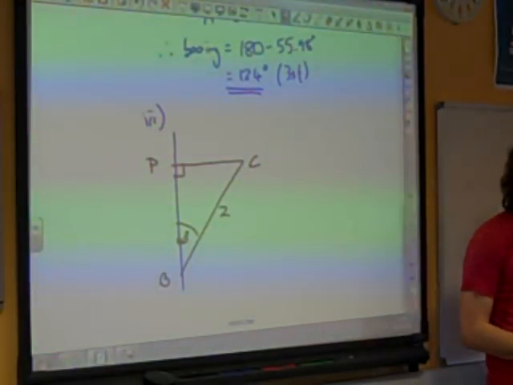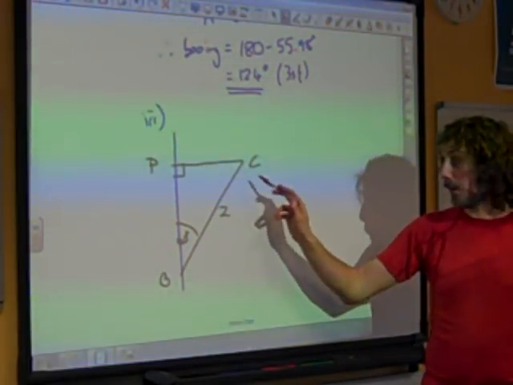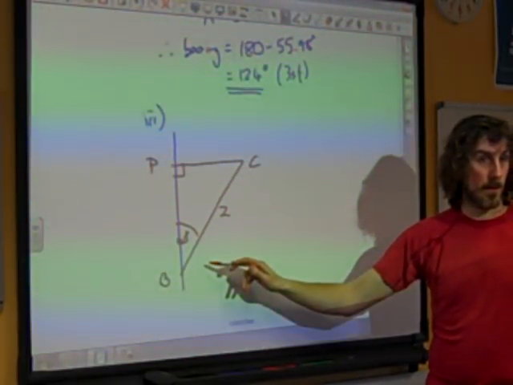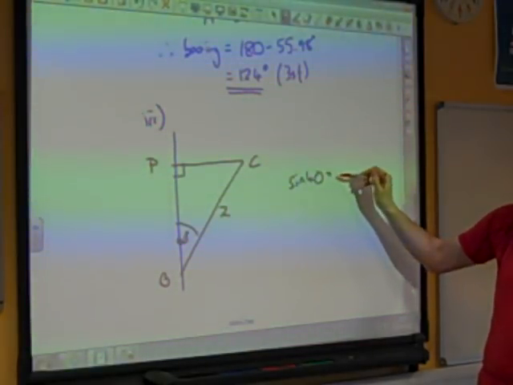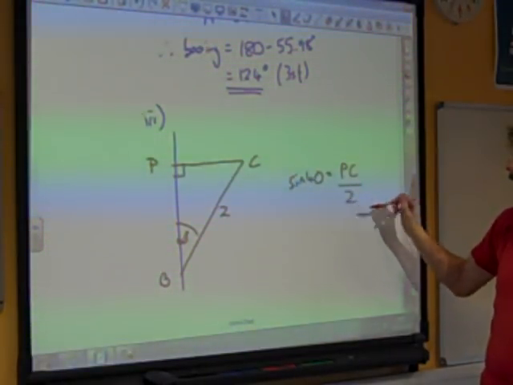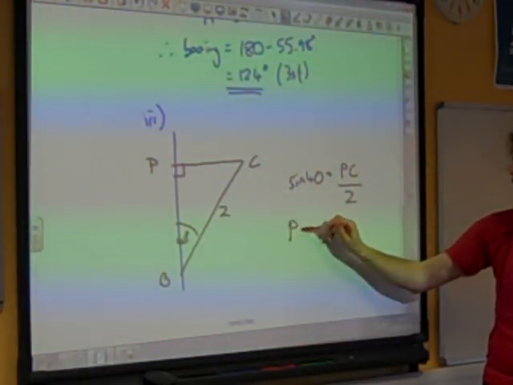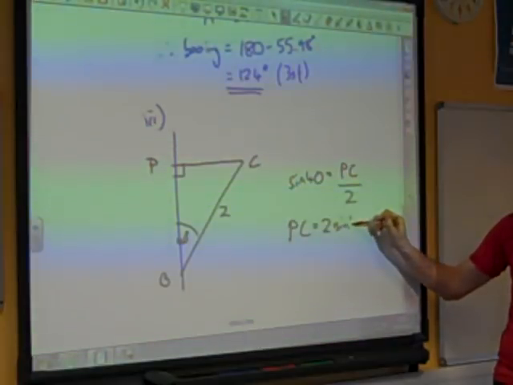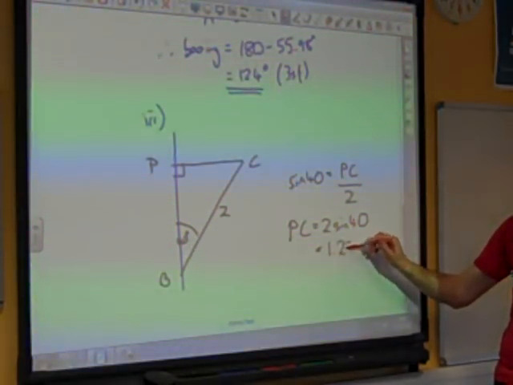Well, this has just gone back to being old-style SOH CAH TOA type stuff. We need to find the opposite. We've got the hypotenuse. So we remember how to do this. This would be sine of 40 is opposite over hypotenuse. So if we rearrange that, we get PC is 2 sine 40, which was 1.29.